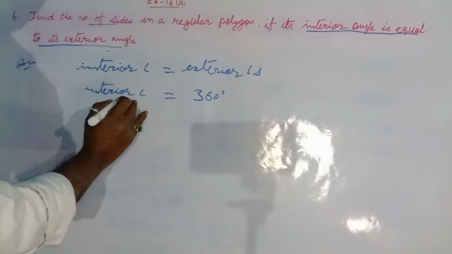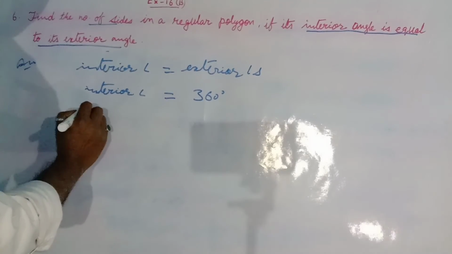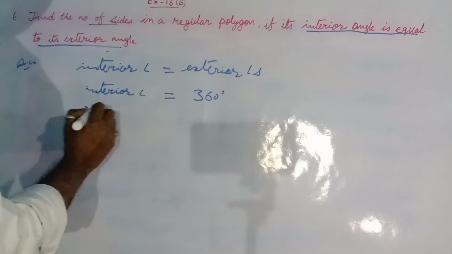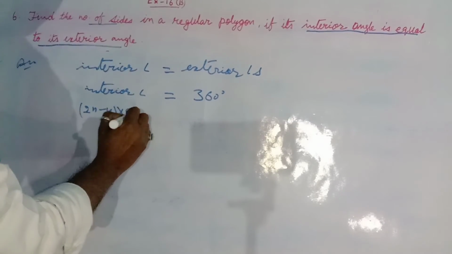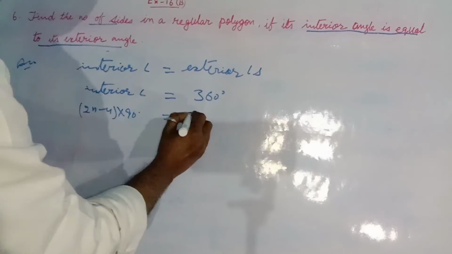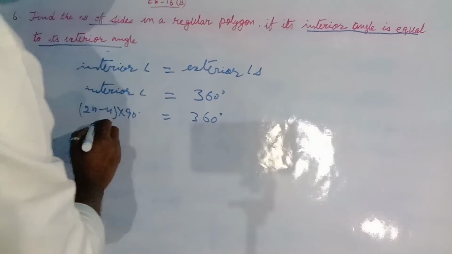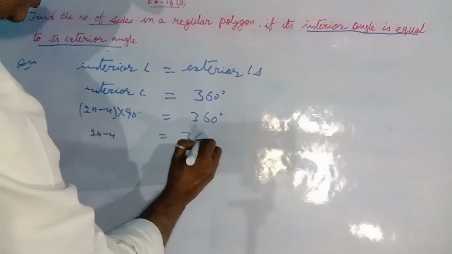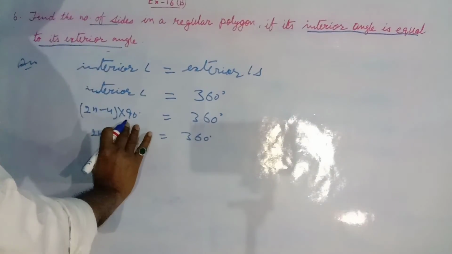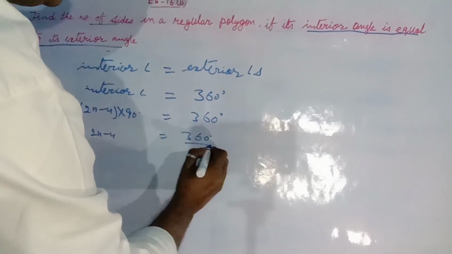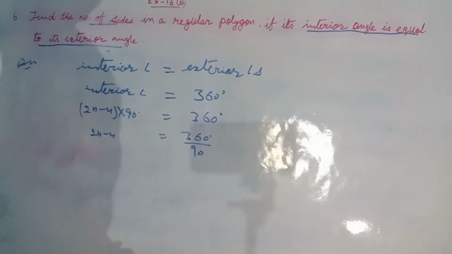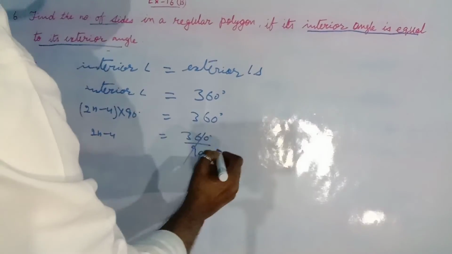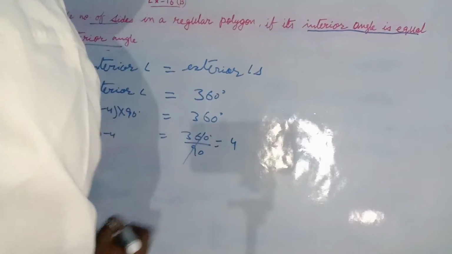As we know, a regular polygon always has 360 degrees of exterior angles. In place of interior angle, we will write its formula, that is (2n minus 4) into 90 degrees is equal to 360 degrees. Then 2n minus 4 is equal to 360. We will transpose this 90, here it will be divided by 90. 360 divided by 90, and it will cancel. Then it is 4.